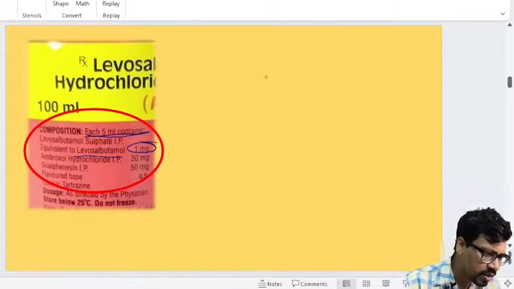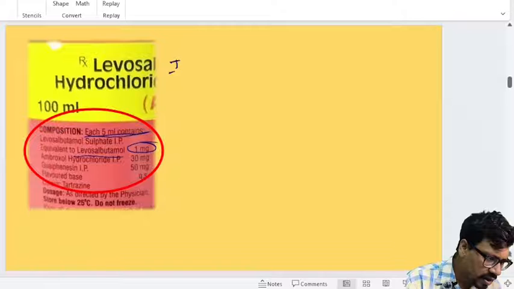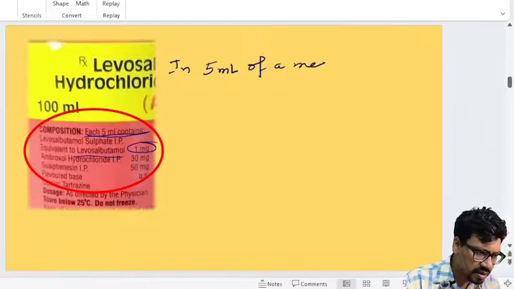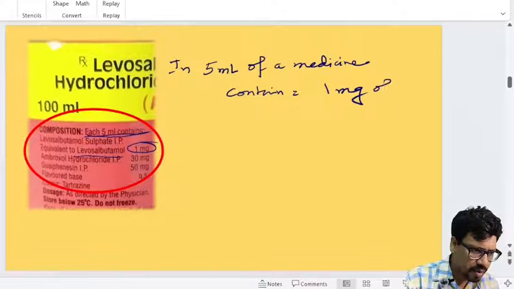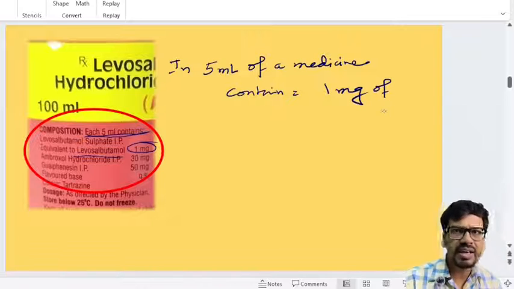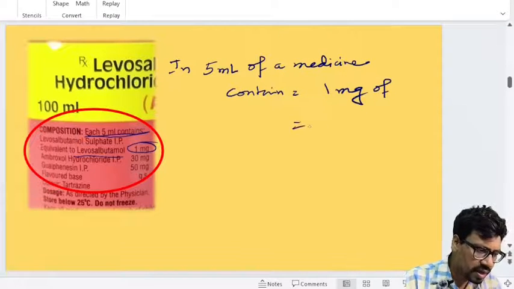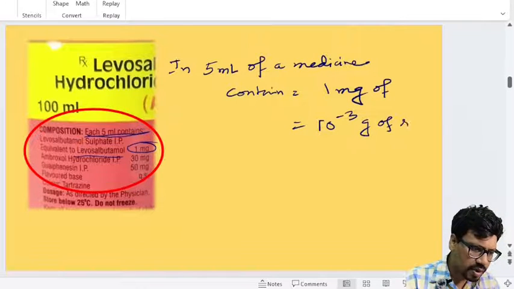So 5 ml of the medicine contains 1 milligram of levosalbutamol, a solute, a component. 1 milligram means 10 to the power minus 3 gram of solute.